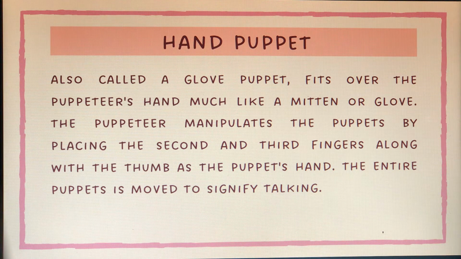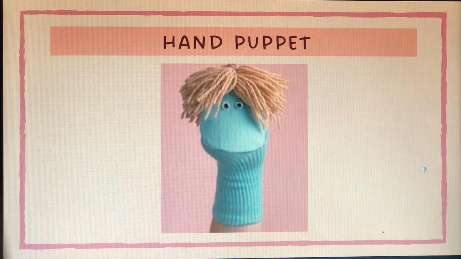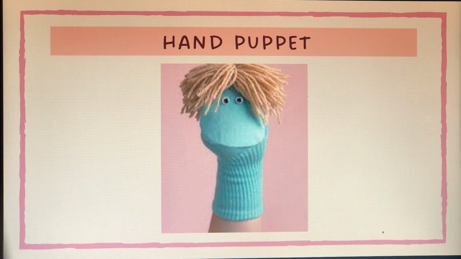So from the word itself, hand, it is performed by the use of fingers. Usually, ginagawa or pina-perform ito in front of the children to tell a story and to entertain. So, next slide po. So, this is an example of a hand puppet.